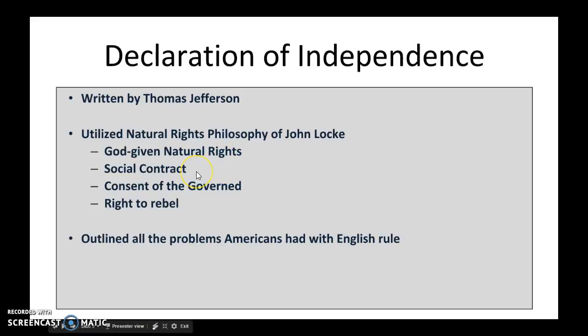There's a social contract between us and the leaders of Great Britain. According to John Locke, good government should come with the consent of the governed, and people who are living under an oppressive government have the right to rebel. So essentially what Thomas Jefferson is doing is he's using John Locke's words, which is of course English philosophy at this time, as a way to justify the American Rebellion.